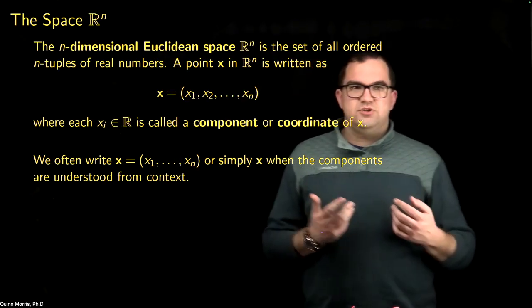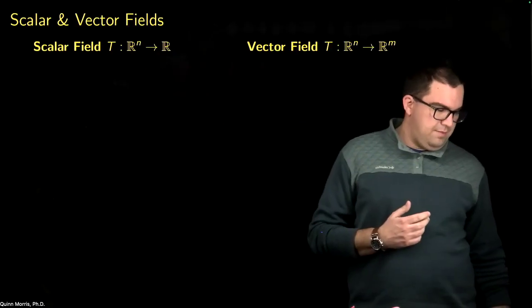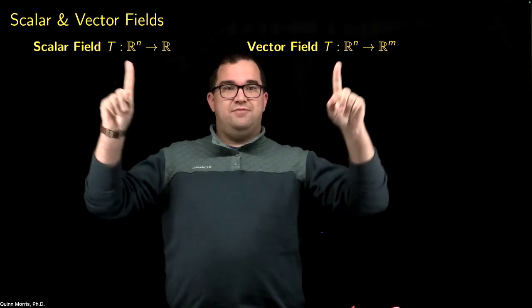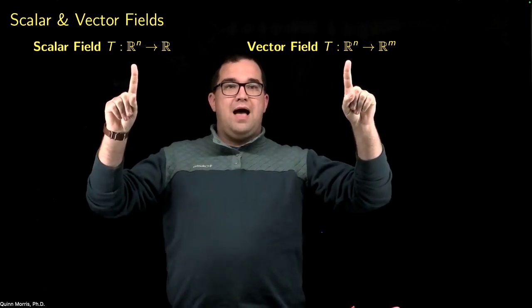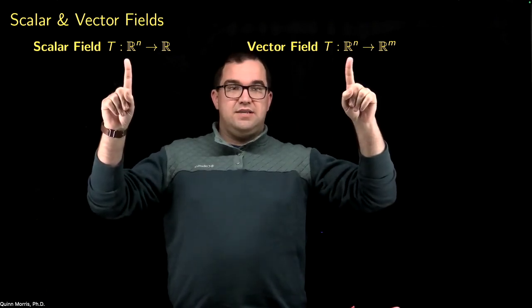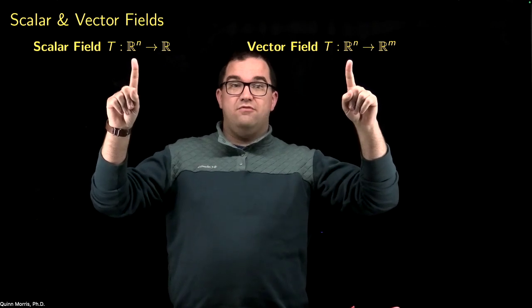Now, one of the things you'll notice is that, if I flip back slightly here, the big change we've made from Math 5610 is that now our domain is no longer just R, or just a subset of R. It's now Rn, or some subset of Rn.